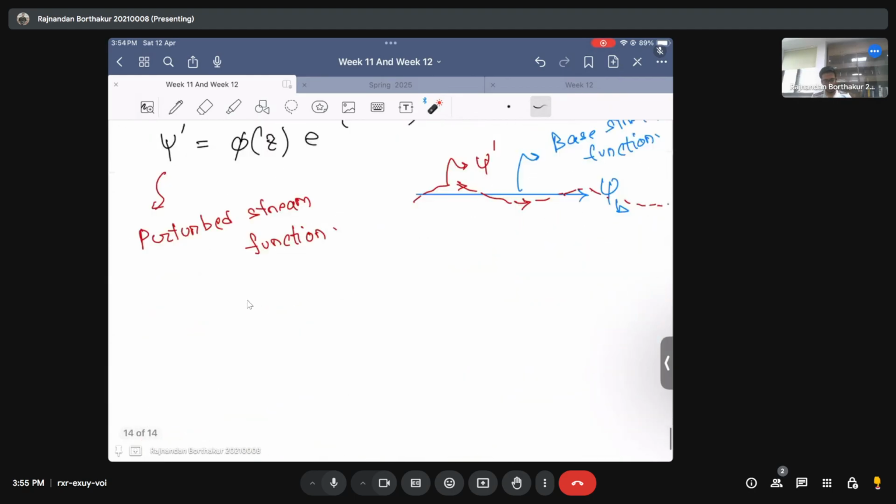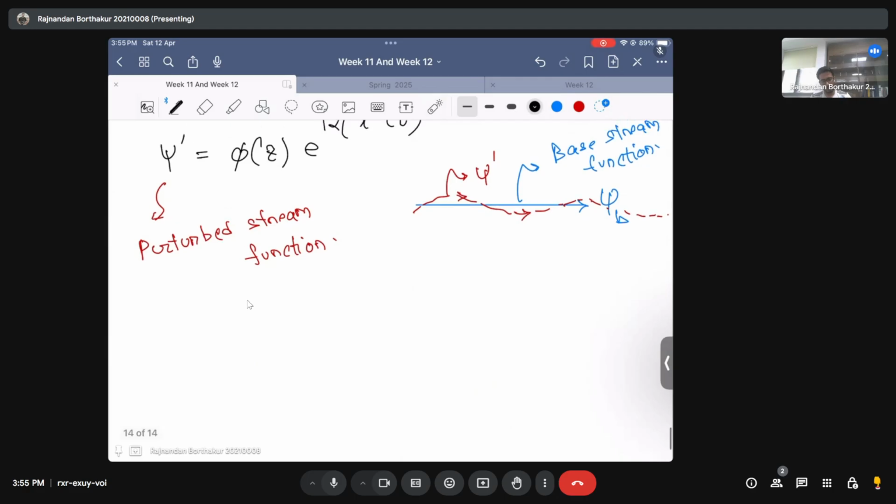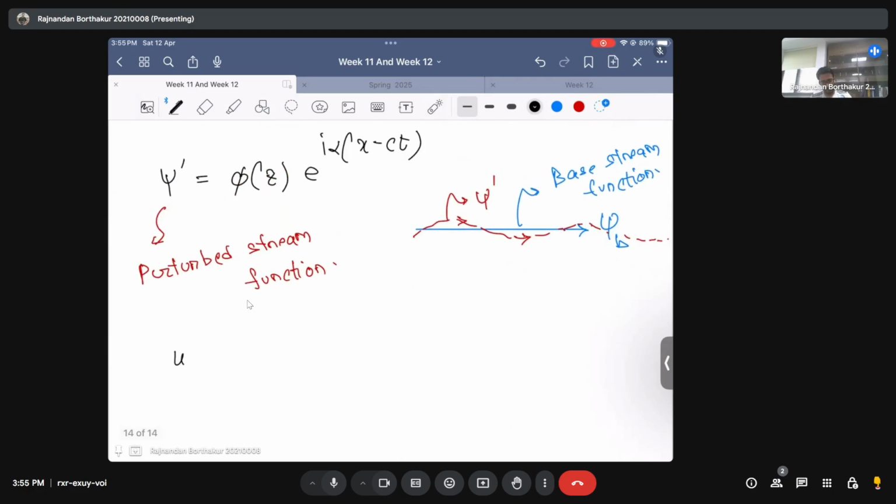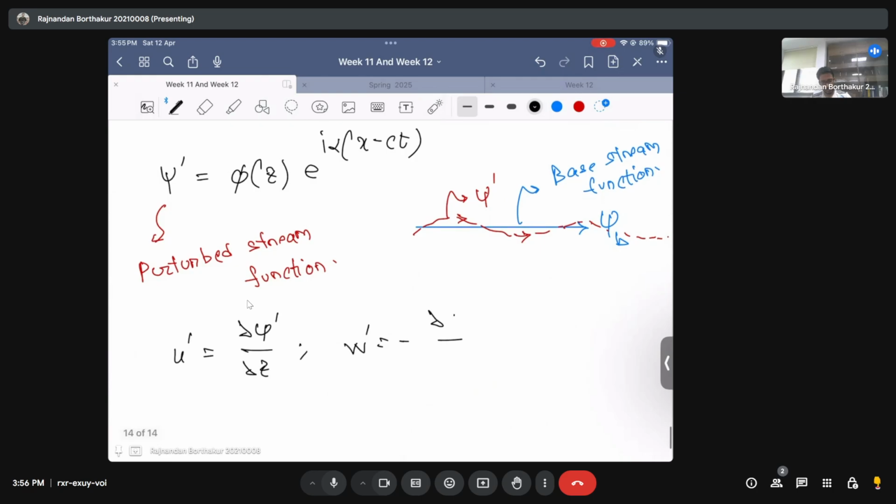This is easy, because we know the relationship between velocity and stream function. My u prime is del psi prime by del z, and w prime, because we have two velocities, x and z, is minus del psi prime by del x.